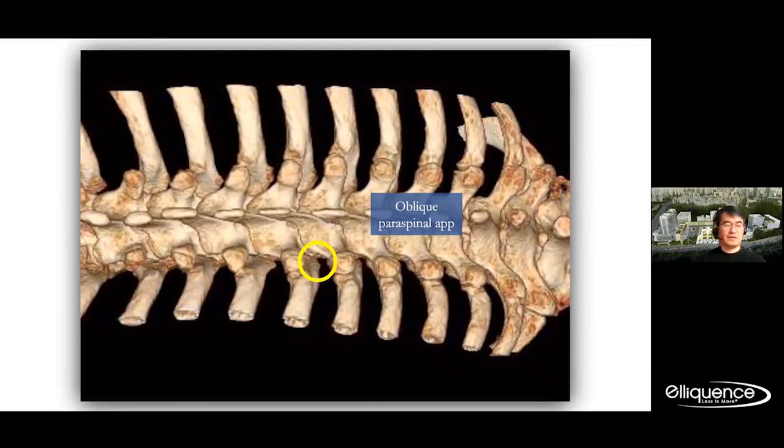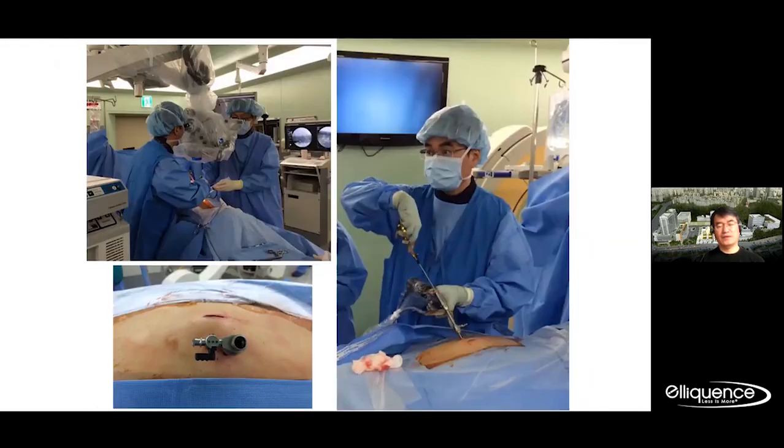In this paper, all the cases had been done in 2014 and 2015. So it is roughly before the introduction of the big endoscope for spinal stenosis. That's why I have used this kind of technique before.